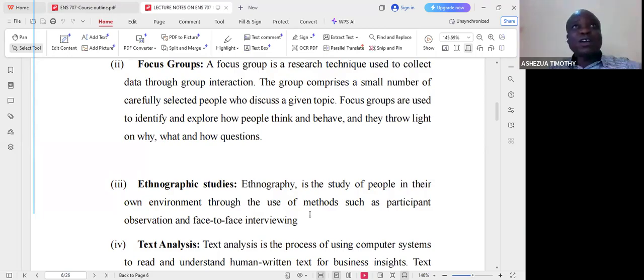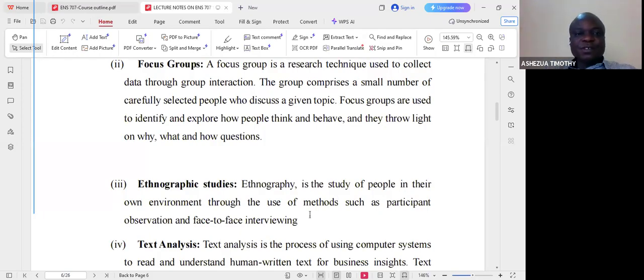That is a particular tribe, Igala, Igede, Doma. You are specific about the tribe. You go to the environment. You go to Oju. You are not generalizing the place you are going to. You are specific. You are going to Oju. You are looking at the tribe, so it's ethnographic studies.